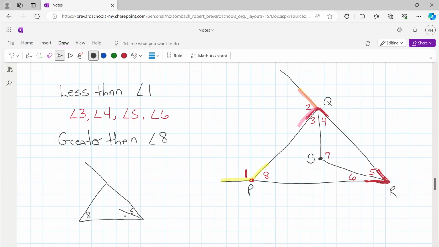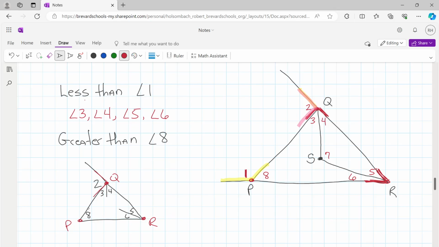Here's 5, here's 6, here's 3 and 4, and here's angle 2. So do you see angle 2 on the outside of this triangle? This triangle QRP? Angle 2 is an exterior angle for triangle QRP.